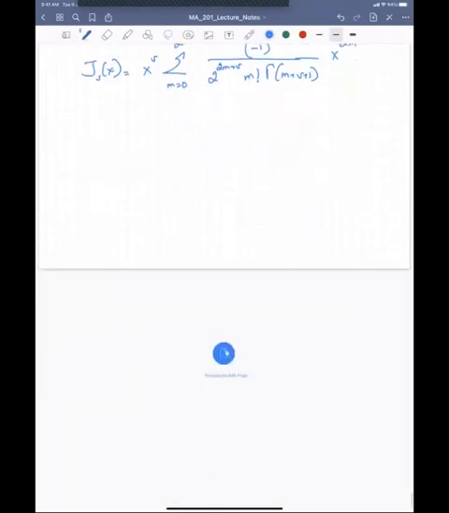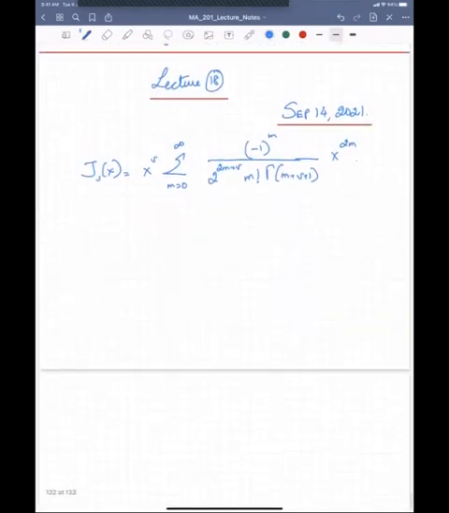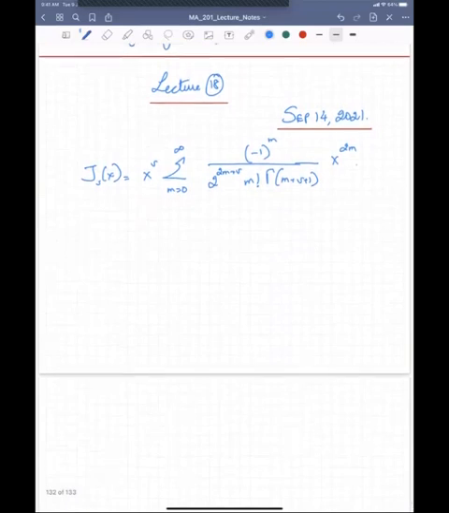Just like we looked at what the Bessel functions look like for n equal to 0 and n equal to 1, let us start by looking at a particular example. It turns out that these functions have a particularly simple form for half integers. So let us evaluate what J_half of x is.